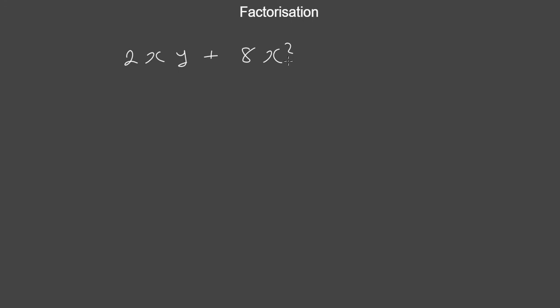When we say look for the common factor, what I'm saying is look for the common factors in each of the terms. Here we have two terms, right? So what is the common factor? You want to look at the coefficient first. What is the common factor between 2 and 8?